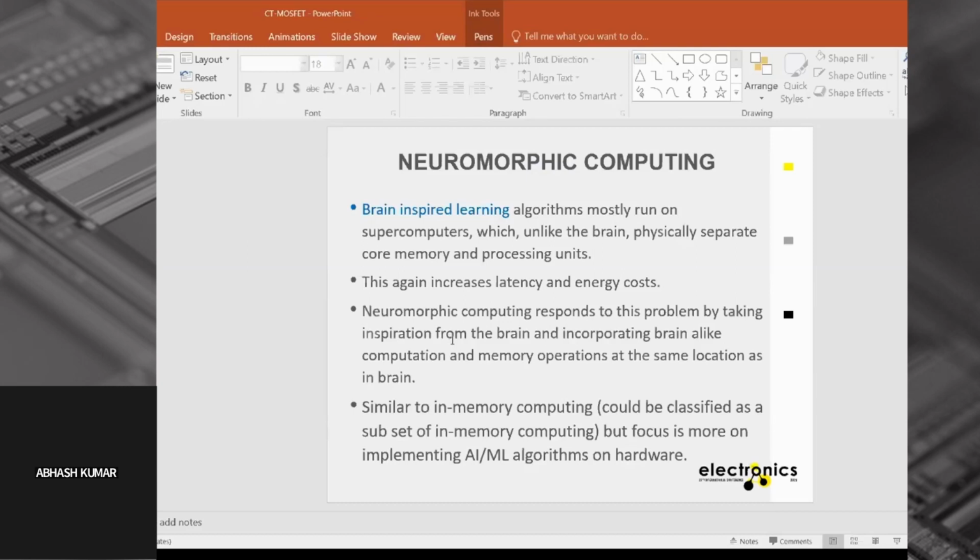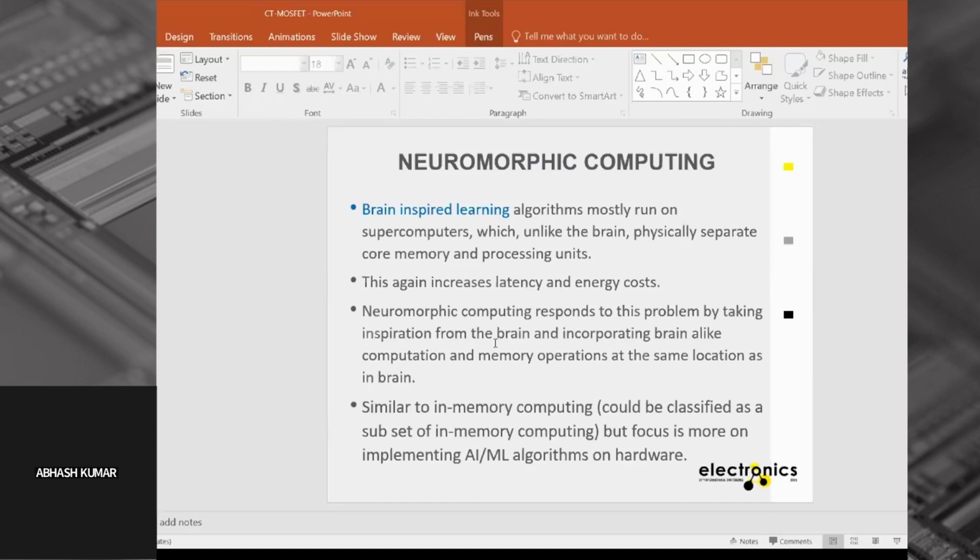But the recent problem is the von Neumann architecture. People are implementing these algorithms on the von Neumann architecture, which increases the latency and energy cost. Because there are different memory and computing locations on the chip, the transportation between those two localities requires a huge amount of bandwidth as well as energy.